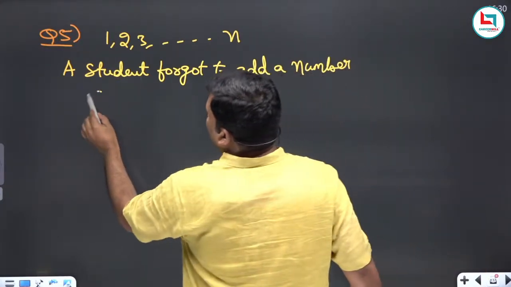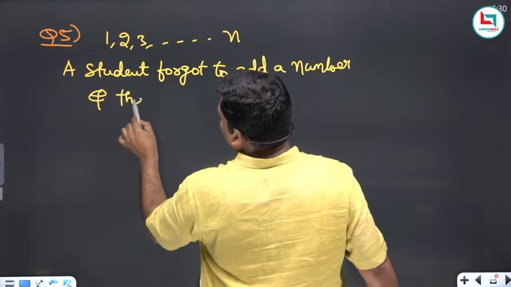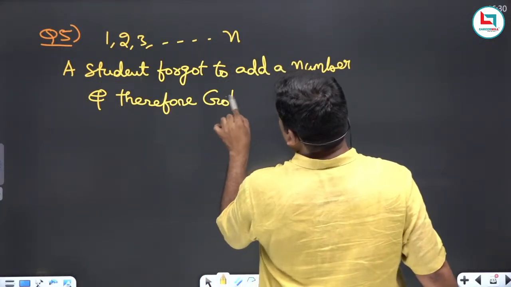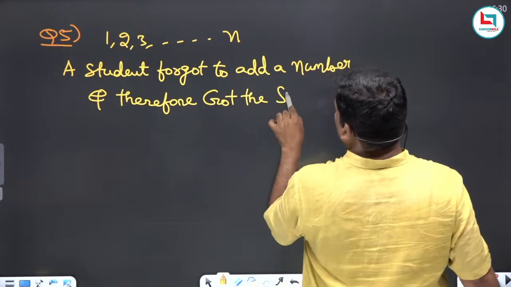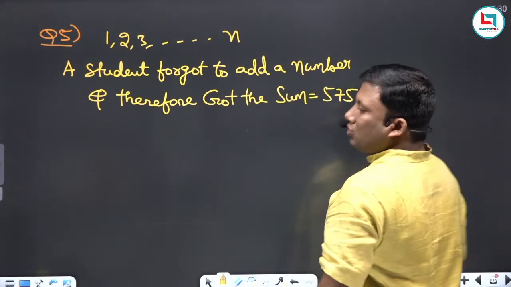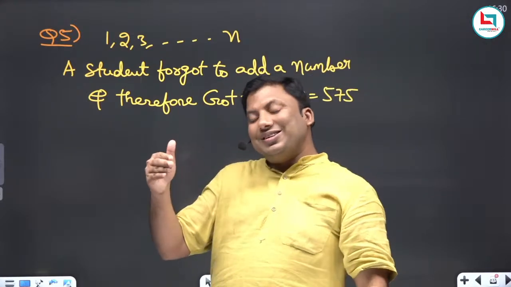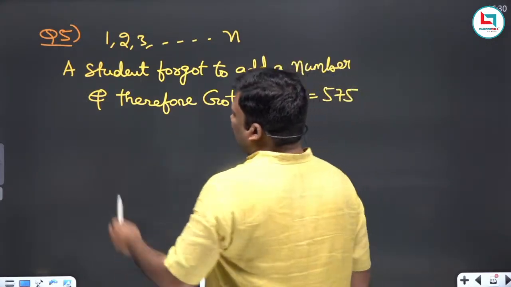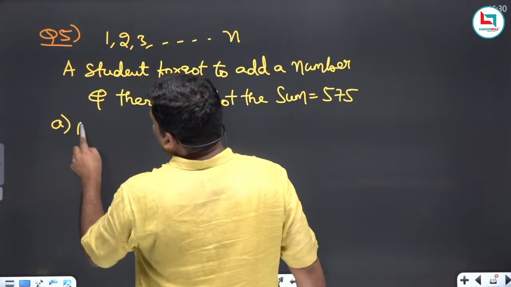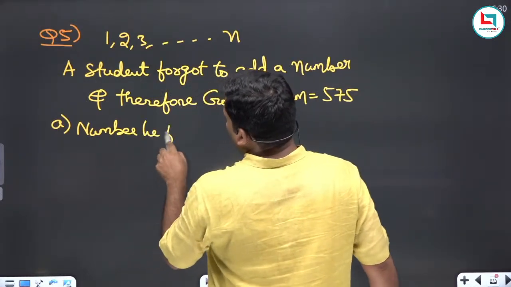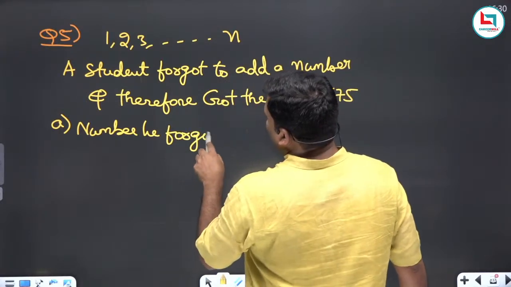And therefore got the sum as 575. Again two questions. In the previous question, a student added one number twice. Here he forgot to add one number. Question: which number did he forget to add?